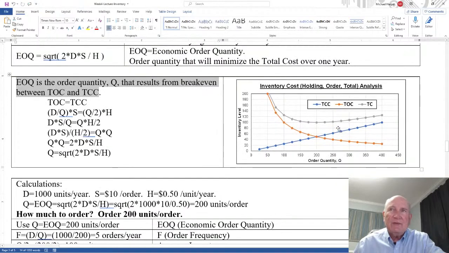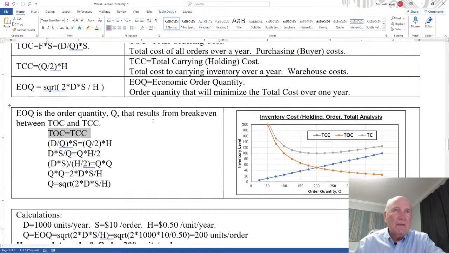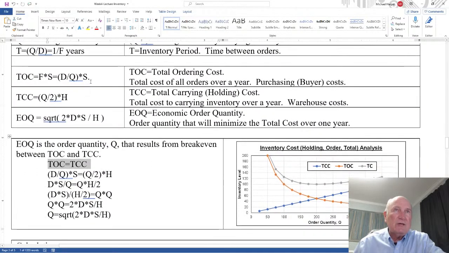That's going to be a minimum right here, when these two cross. When they cross, that means the costs are the same. So I can take the ordering cost equal to carrying cost. Up here, my ordering cost is equal to this, so I bring this down. My carrying cost is equal to this, so I bring this down.